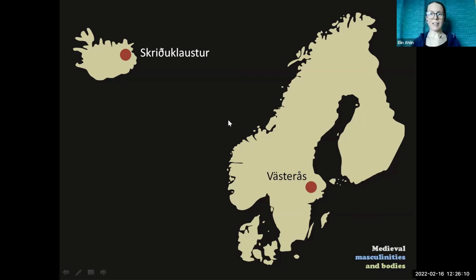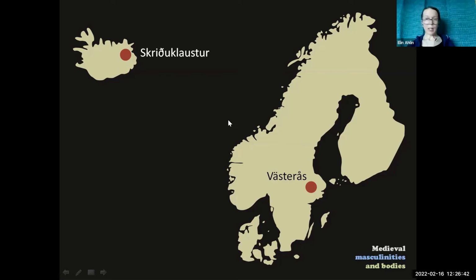I selected those individuals with good preservation, where you can make sex and age estimations: in total 129 from Skriðuklaustur and 342 from Västerås met those criteria. So there are a few hundred individuals that I have examined to look for similarities and differences, and see what might come up.